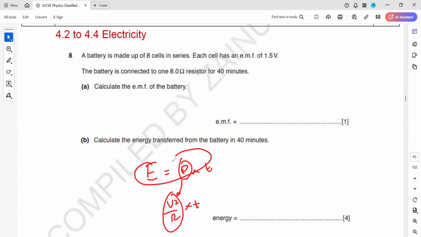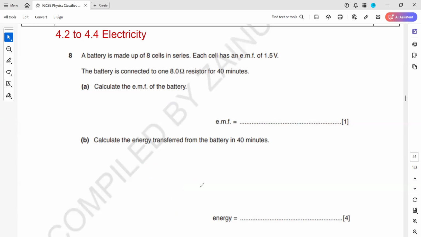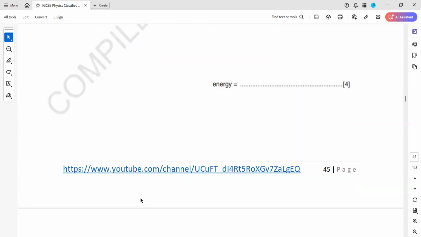Using the other formula is 1 mark. Converting the time from minutes to seconds is 1 mark. And then the final answer is 1 mark. That's how the marks are distributed. If you are able to write a formula, you should be able to substitute. But always write a formula, okay?